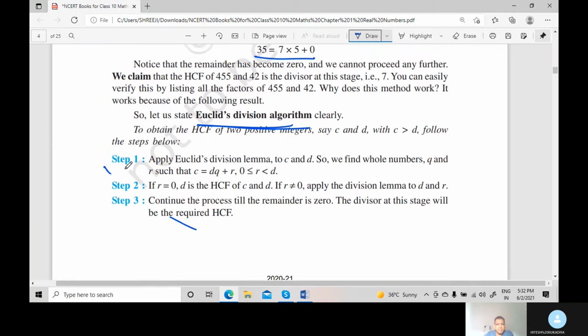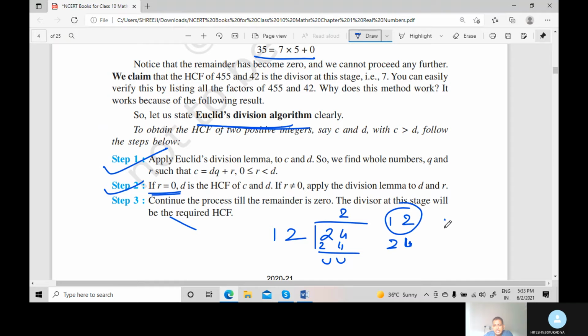Here we apply step 1. And step 2 is what? If the remainder is 0, for example, 24 divided by 12: 12 2s are 24, remainder 0. So the HCF of 12 and 24 is 12. The smaller number is your HCF.